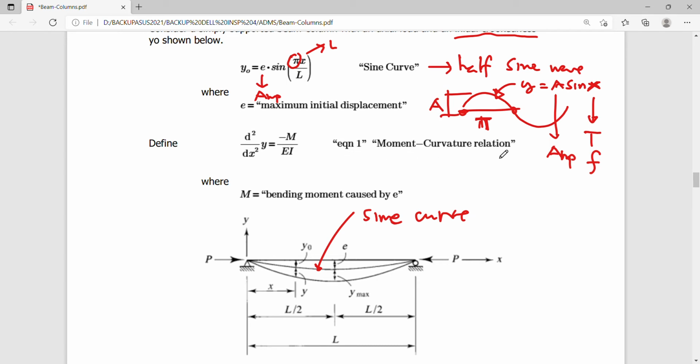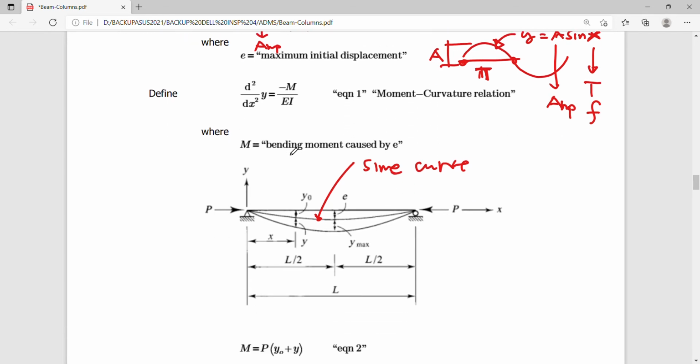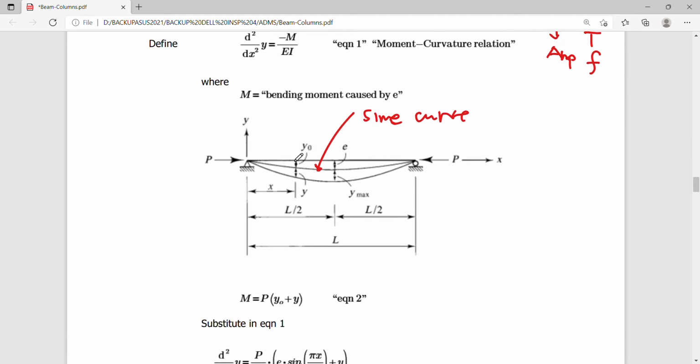We recall the moment curvature relation from our beam problem. This is the Euler-Bernoulli beam equation, negative M. Again, the negative sign is there to indicate only that the deflection is going downward, opposite your right-handed system for your y. So what is your bending moment?